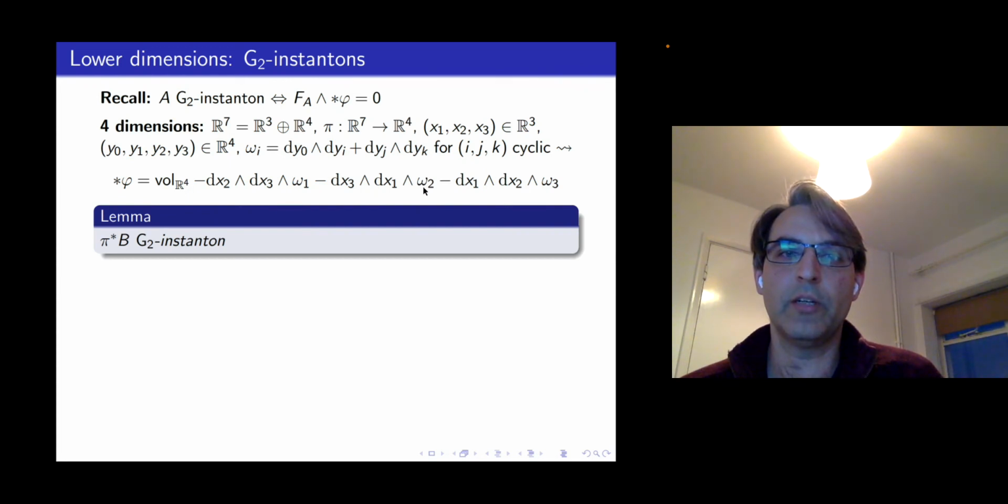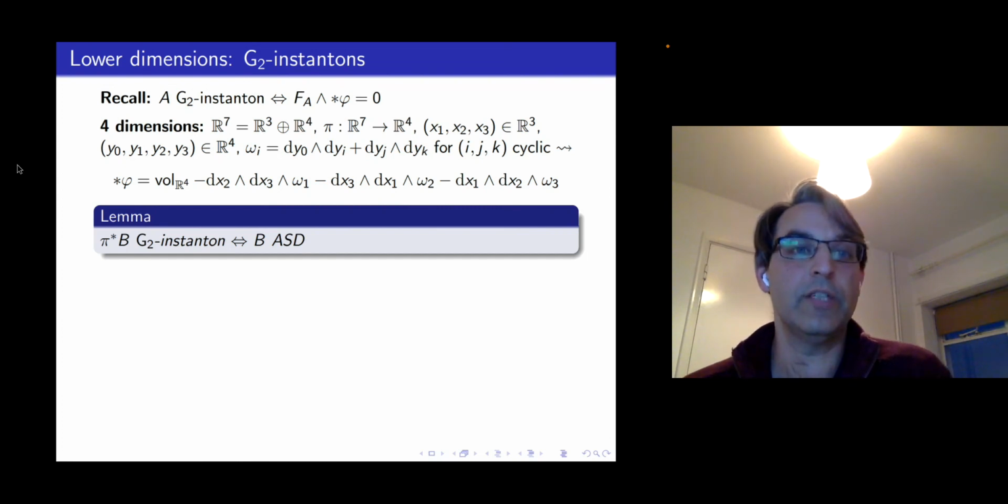But omega 1, omega 2, and omega 3, they span the self-dual 2-forms on R4, and so the G2 instanton condition on the pullback of B is exactly saying that B is an ASD instanton on R4, i.e. the curvature is anti-self-dual. So you could think of G2 instantons as the 7-dimensional version of anti-self-dual connections in 4 dimensions.